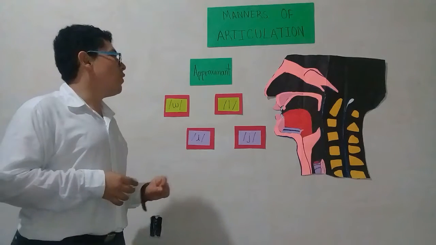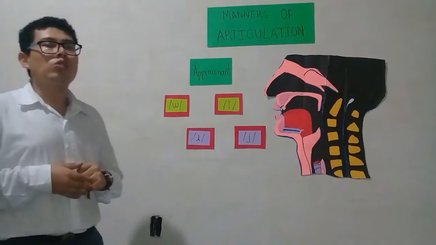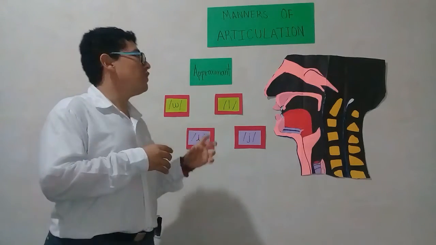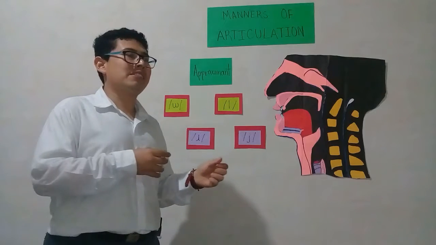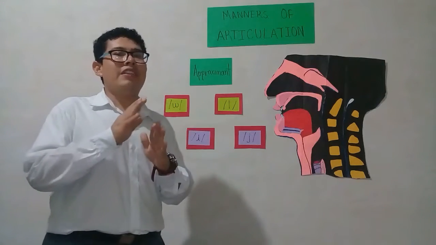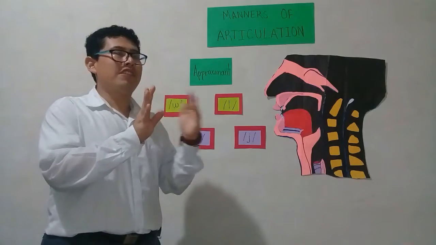It is important to notice that the l sound is also called a lateral sound. This kind of sound is a manner of articulation, lateral sound. In this manner of articulation, the air is released between one of the sides of the tongue.